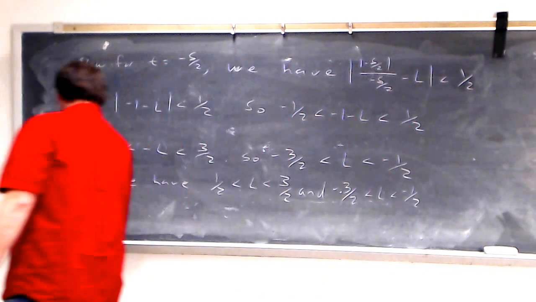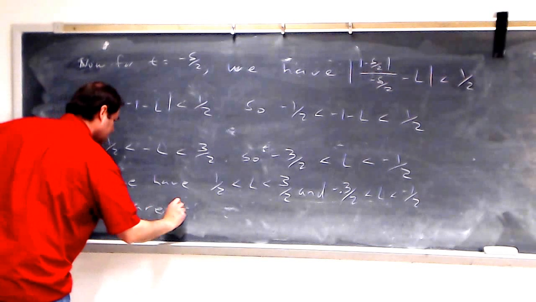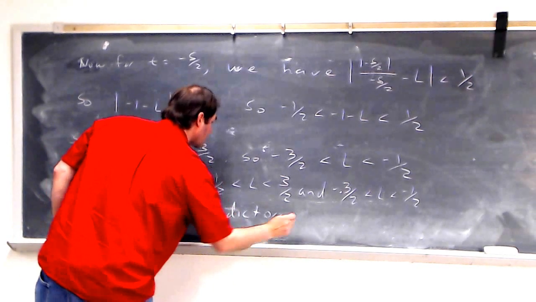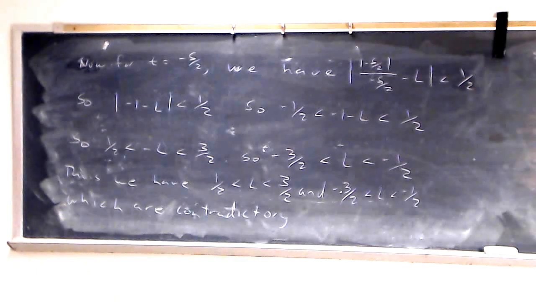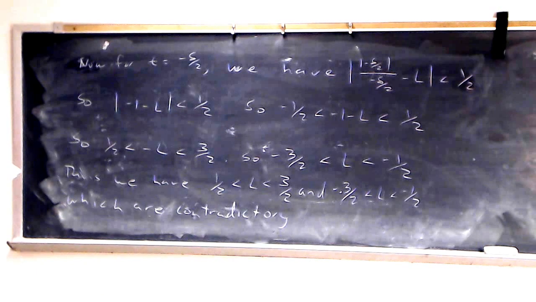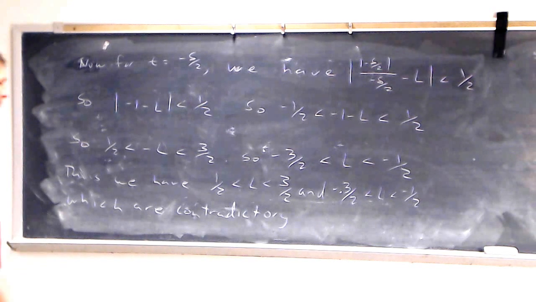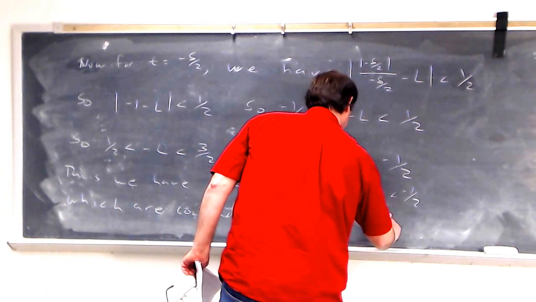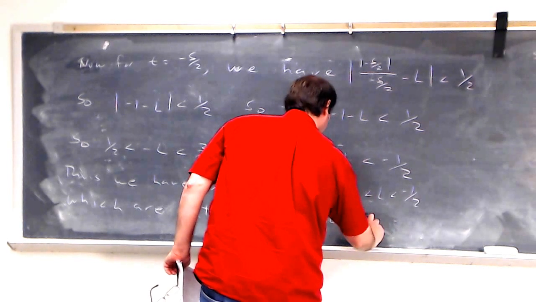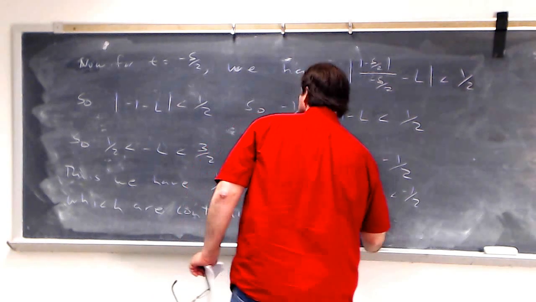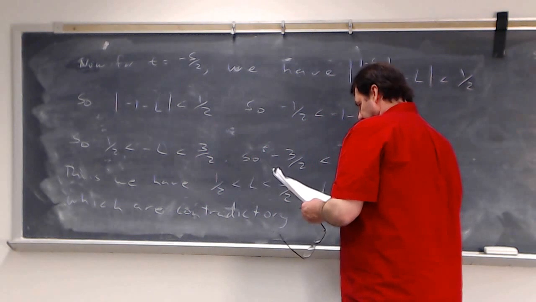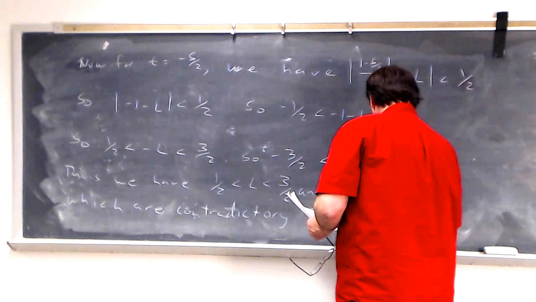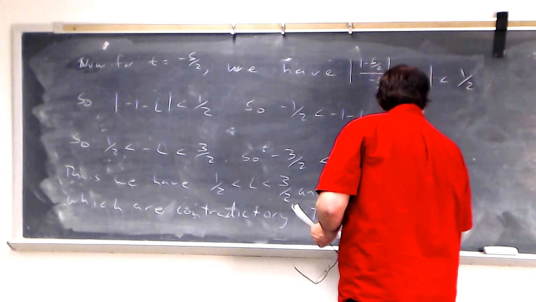These are contradictory. Thus, the limit, let's just write it out, the limit as t goes to 0 of the absolute value of t over t does not exist.